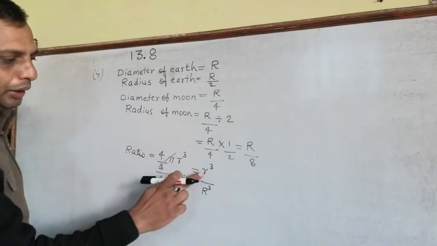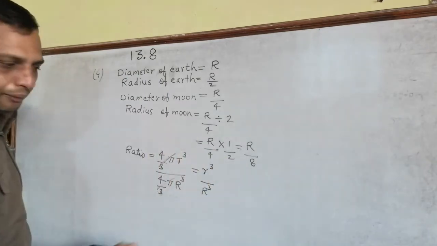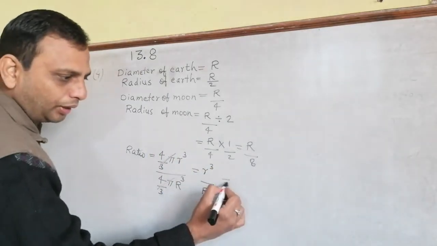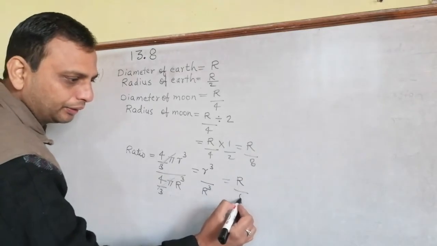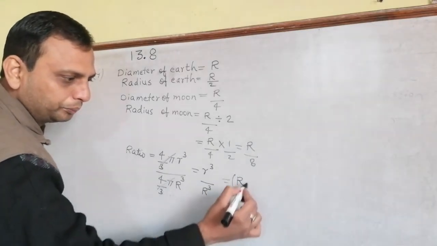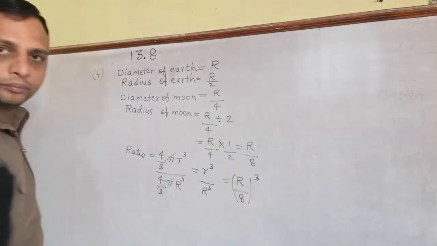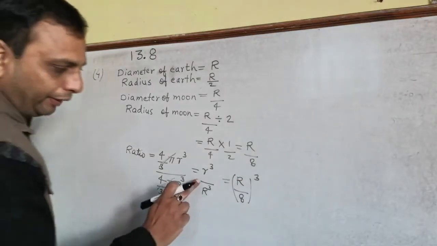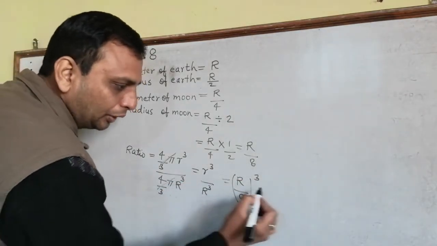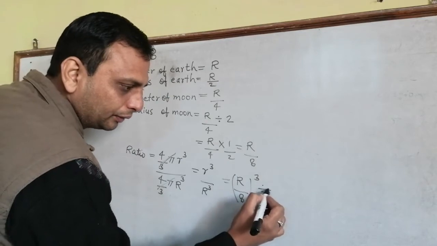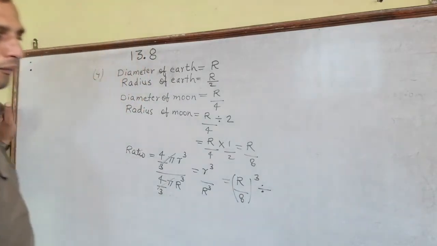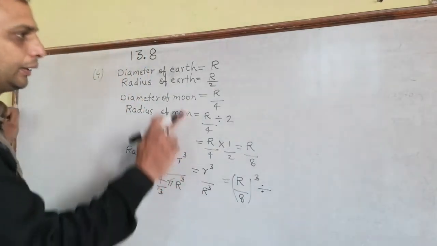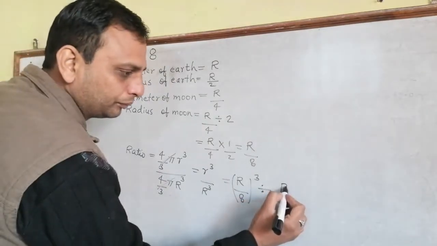The radius of the moon is R upon 8, so R upon 8 cube. And the divide sign is here. And the radius of the earth is R upon 2.